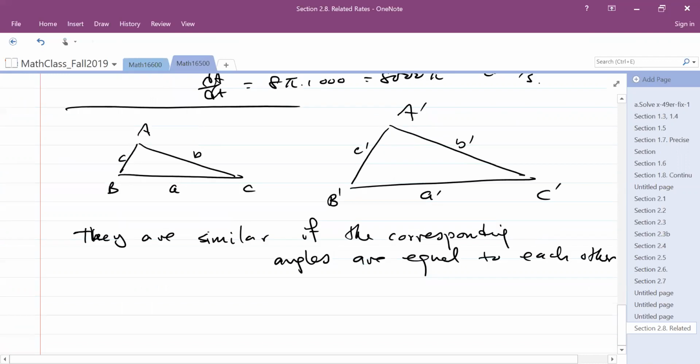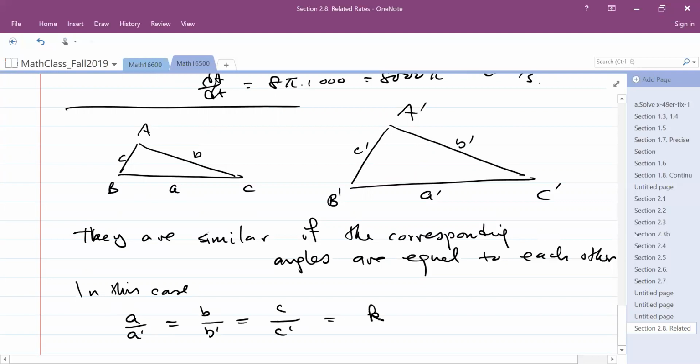So for similar triangles, you have the following properties. If they're similar, then A over A prime should be equal to B over B prime, which should be equal to C over C prime.